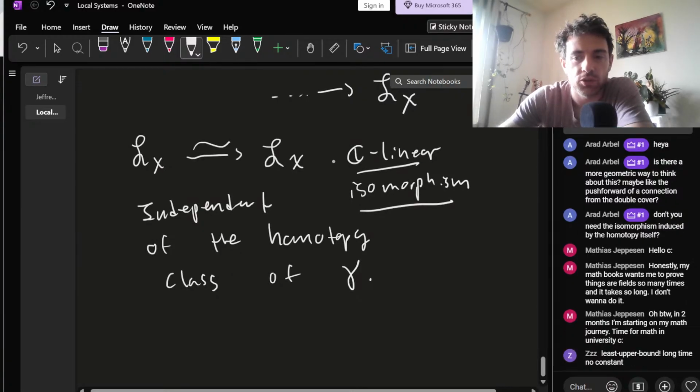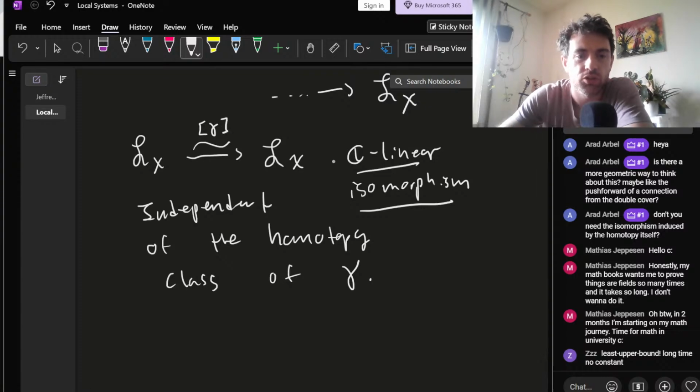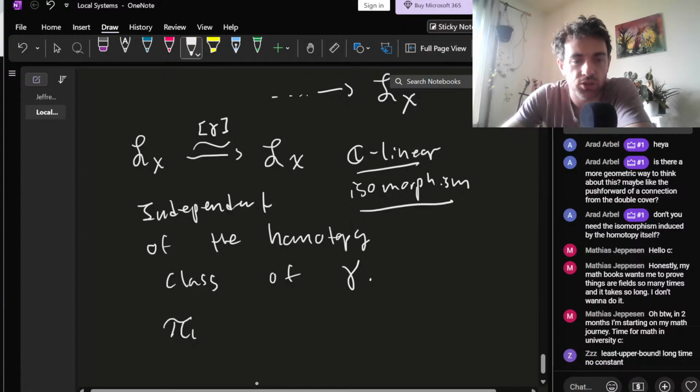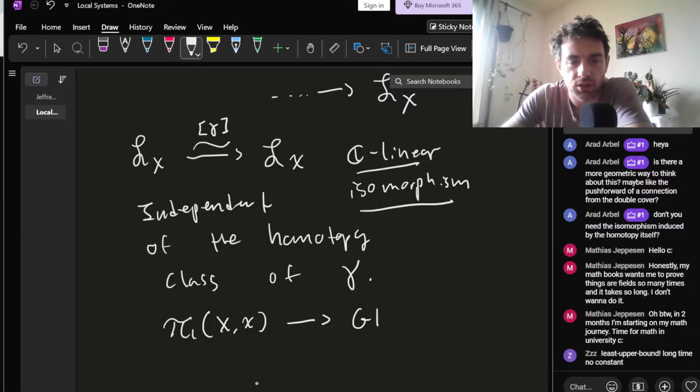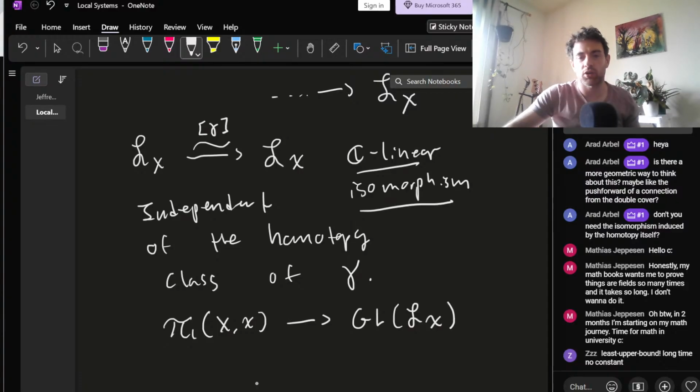In other words, this gives us the data of a representation of the fundamental group on the vector space being the stalk of the local system.